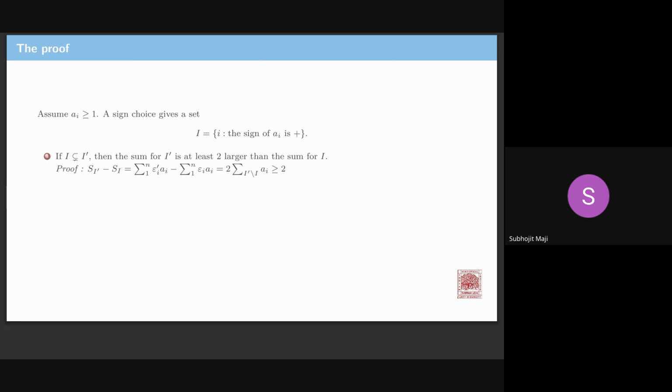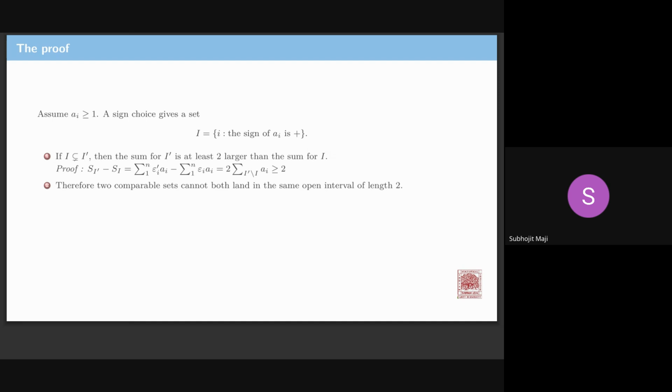That is greater than or equal to 2, obviously, because ai is greater than or equal to 1. Is it clear? I hope so. Any doubts? Okay, moving on.